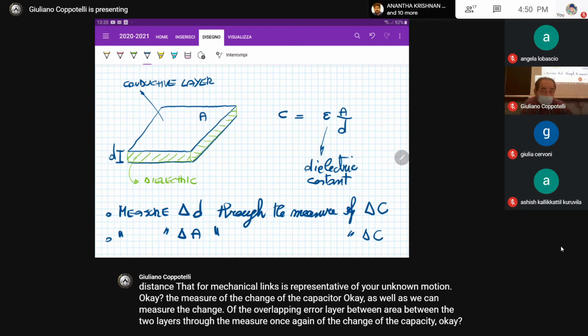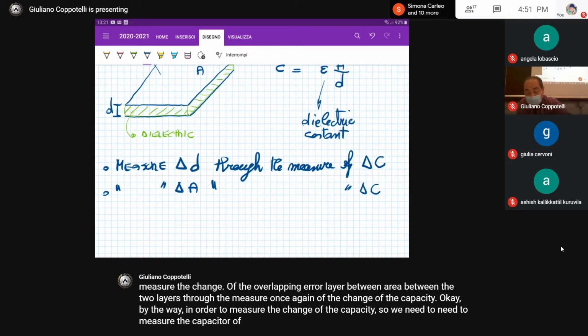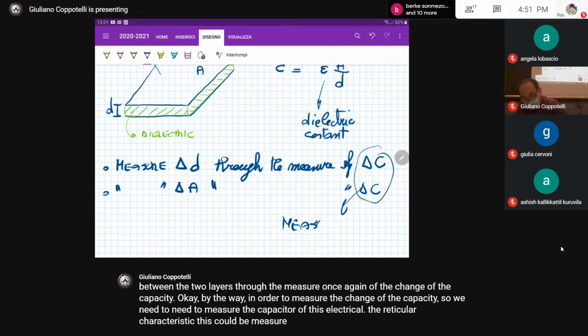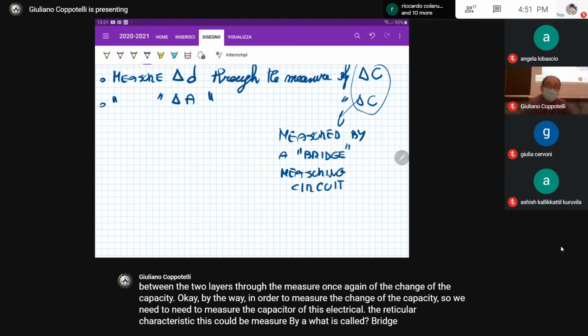Okay, by the way, in order to measure the change of the capacity, we need to measure the capacitor, this electrical characteristic. This could be measured by what is called a bridge measuring circuit.